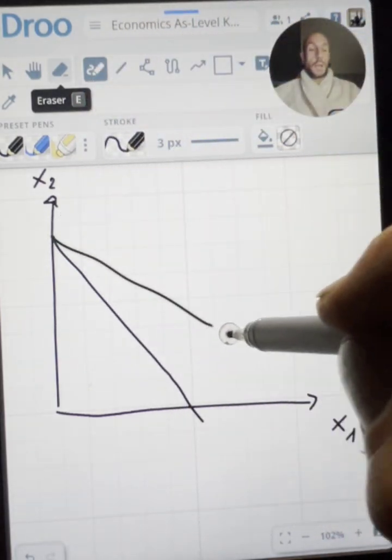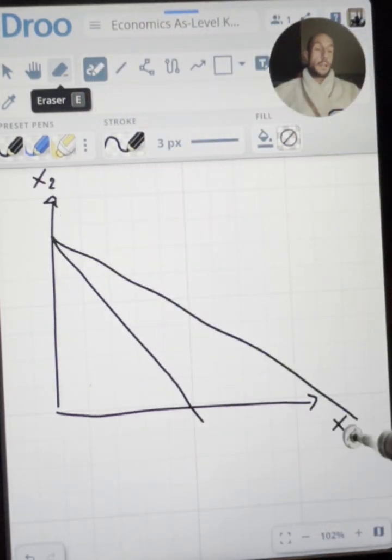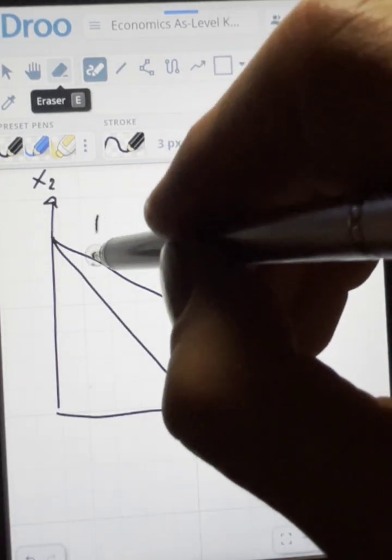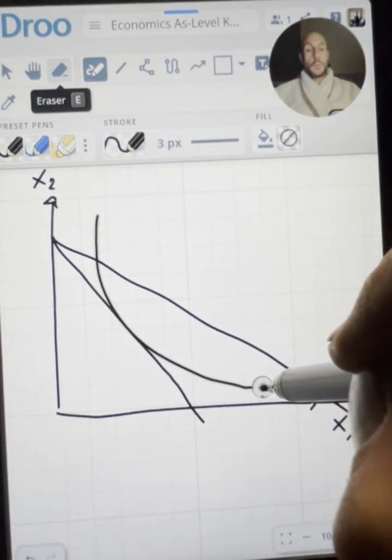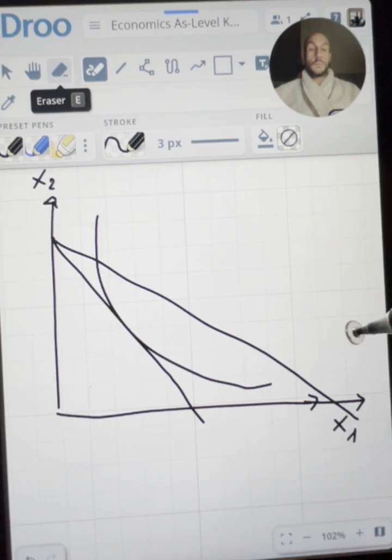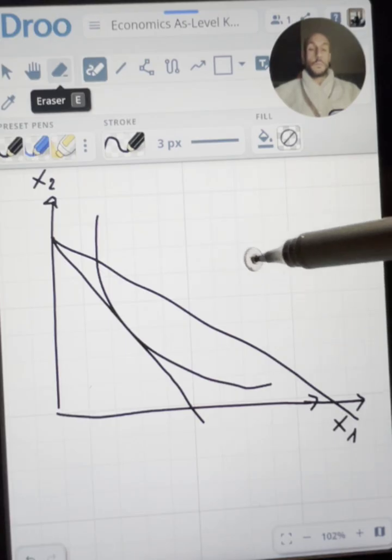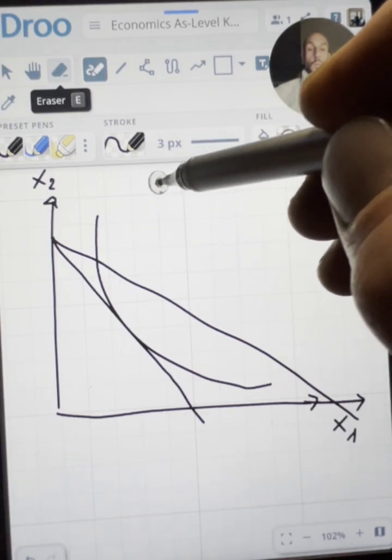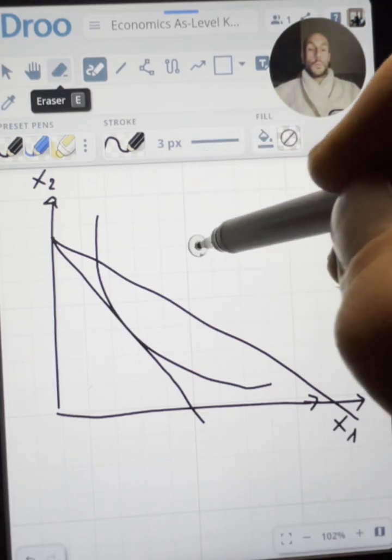The budget line becomes flatter, like this. You were consuming here, now you consume there.